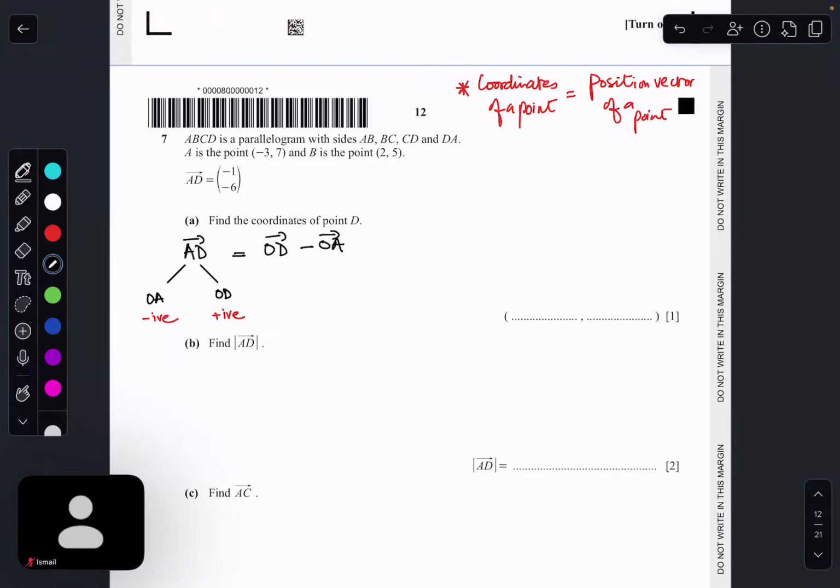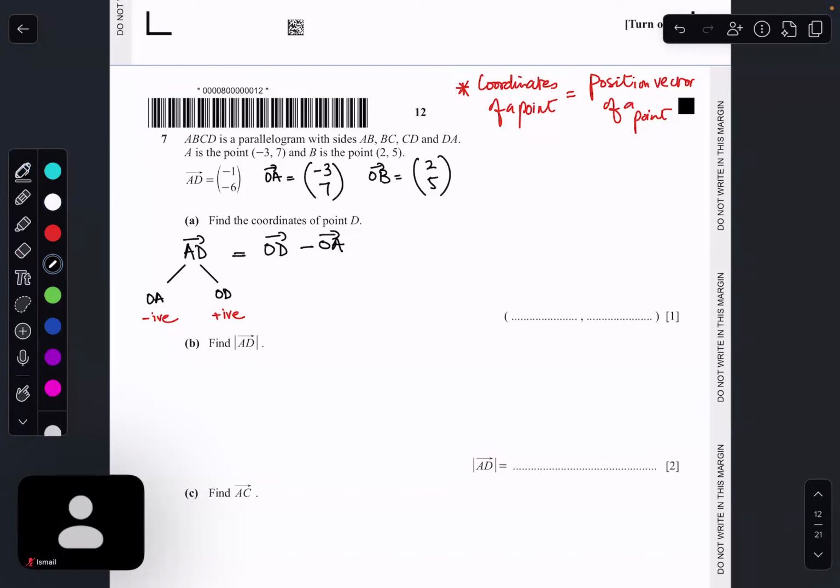So if the coordinates of A are (-3, 7), the position vector OA is the same, just in column form. That was in row form, this is in column form. And OB will be (2, 5). First is the horizontal component, the second is the vertical component. So OD is what we have to figure out.